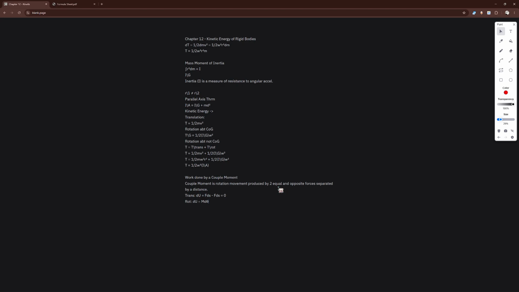So that means that the work done by a couple moment, for a constant couple moment, I'm going to add here, is M delta theta, right? That's for constant. Obviously, if it's a function, then you're not going to get this. You're going to have to use this integral here, right? But that's it. That's the only new concept here.